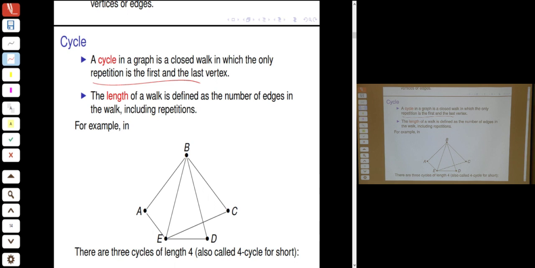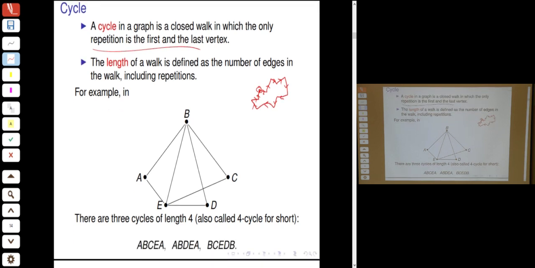However, that's the only repetition that is allowed. Okay. So that kind of closed walk is called a cycle. So it will look something like this. So you traverse, and the only repetition is the starting and ending points. Okay.